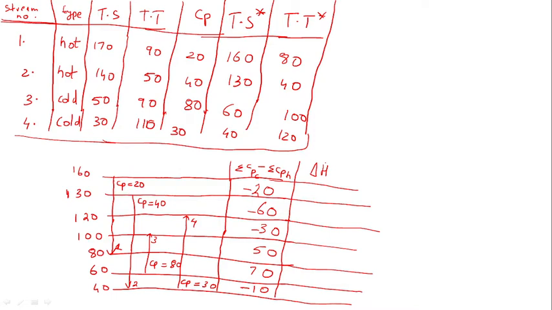So we multiply this 30 with minus 20, and we obtain minus 600. Similarly here the temperature difference is 10, so 10 into minus 60 gives minus 600, and here minus 30 into 20, which is again minus 600.